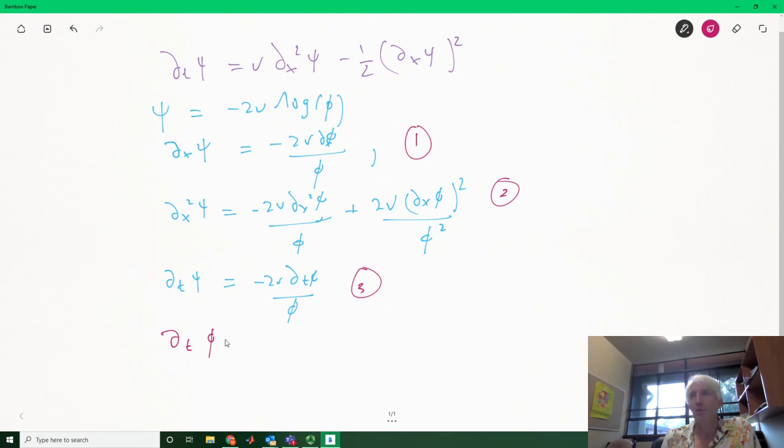I'm not going to go through all the details of that, but you can sort of believe that this is possible if you add them up. Okay, dt phi is equal to that, and then you've got this nu dx squared, multiply that by nu, minus this term here, which cancels that off, and then you can rearrange it and end up with this equation here.